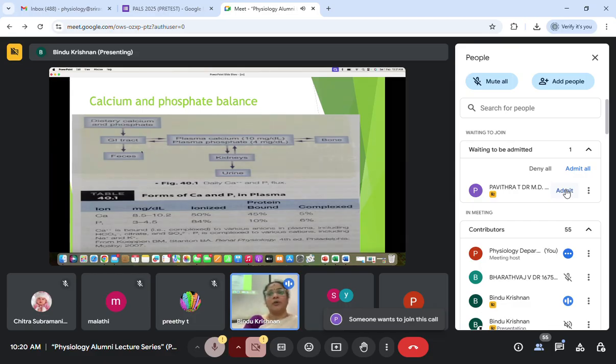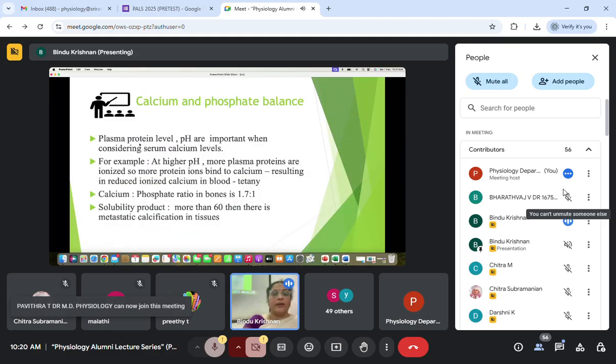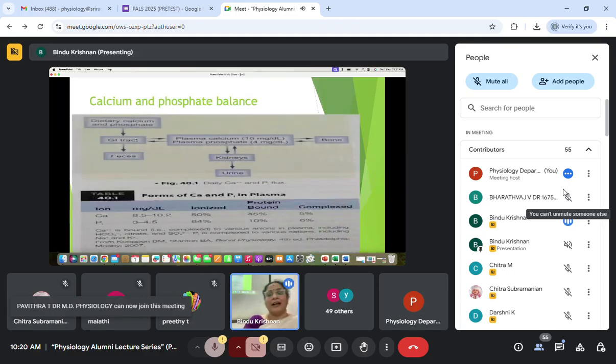So we talked about three organs, the GI tract, the bone, and the kidney, which are going to be involved. And as far as calcium is concerned, this 8.5 to 10.2 is the total serum calcium which we measure. But then you should realize that a lot depends on the type which is available.